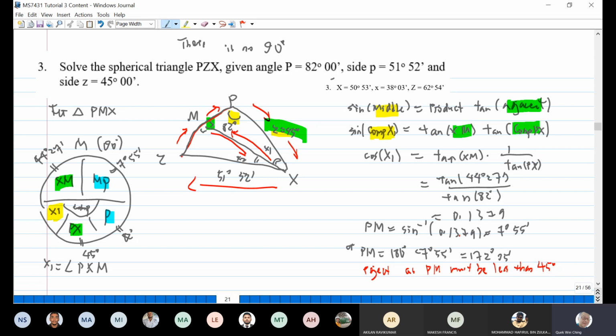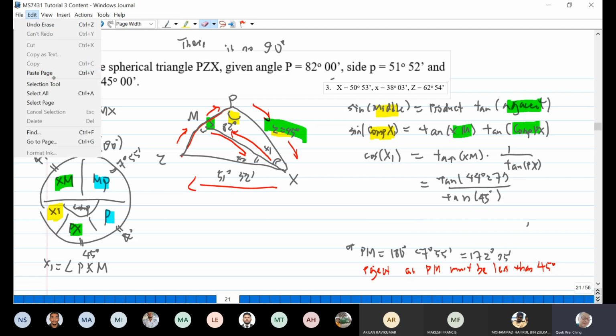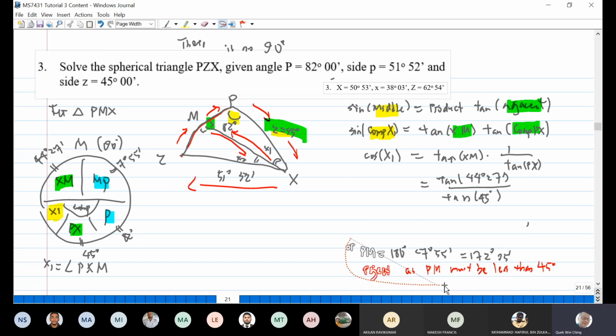XM is still the same, and the PX is no longer 82 now. PX is 45. So I now find out what x1 is. All this cancels away now.